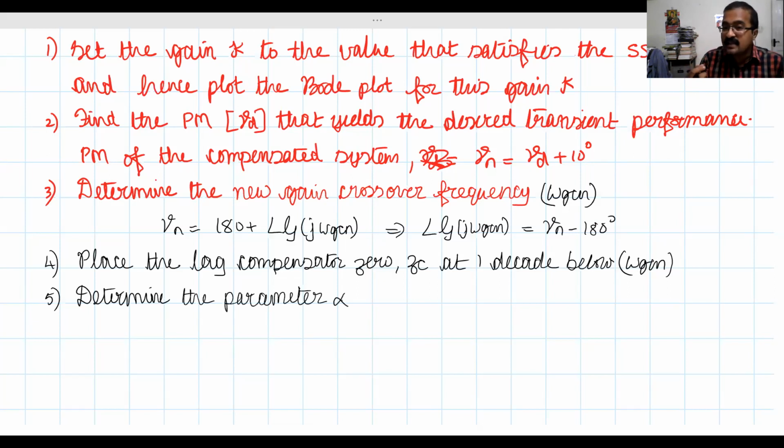So at omega GCN, the Bode magnitude plot must pass through the 0 dB line. That is what gain crossover frequency is: the frequency at which the dB gain becomes 0 dB, or 1.